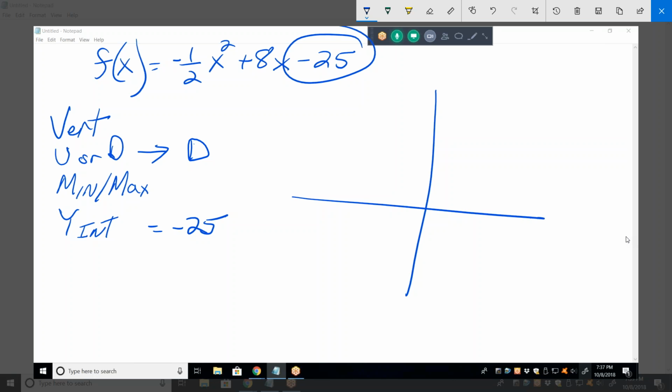Now, there's a couple of ways to find the vertex.